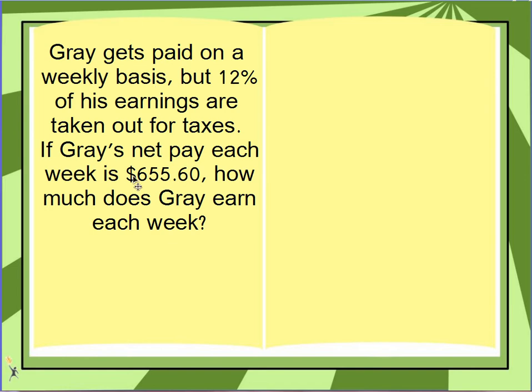So again, make sure you've read through the context completely, then take a look at what the situation's asking for. It's saying, how much does Gray earn each week? Or in other words, what is Gray's gross pay? So my variable, my unknown, is Gray's gross wages. So Gray makes this money, and in this case, are we going to add or subtract the 12%?